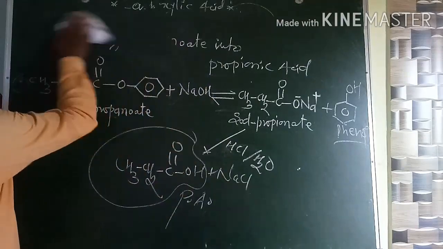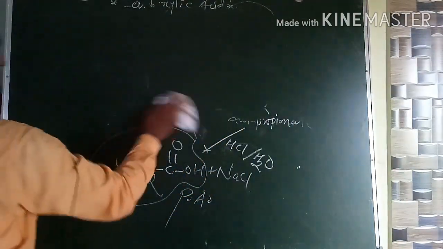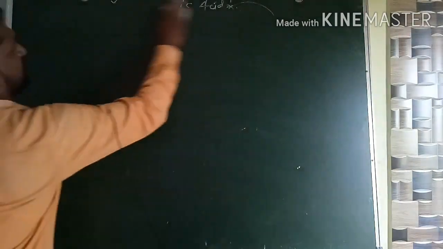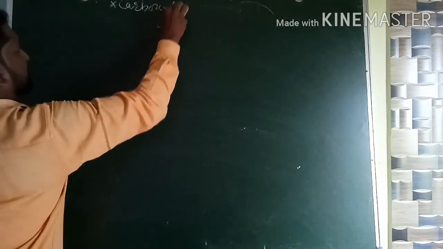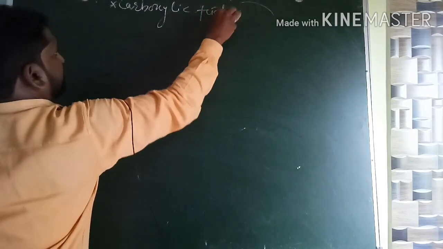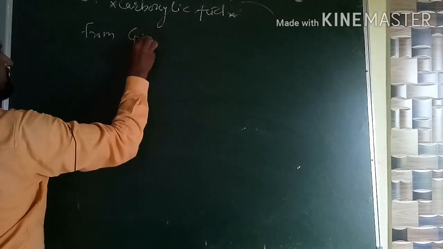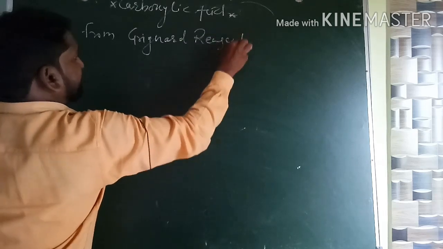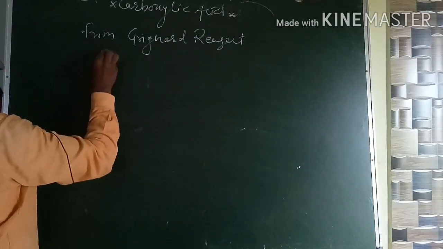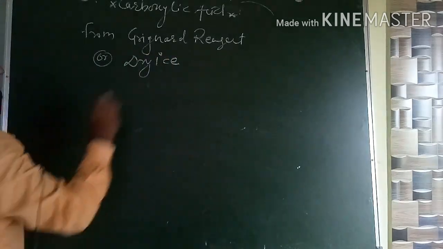Now, last method of preparation, very important. Just see here carefully. Last method of preparation of carboxylic acid: from Grignard reagent or from dry ice.